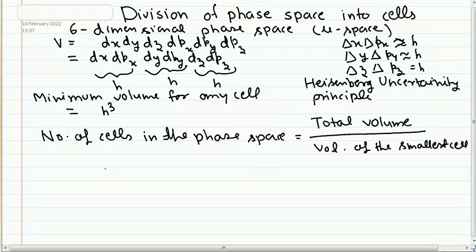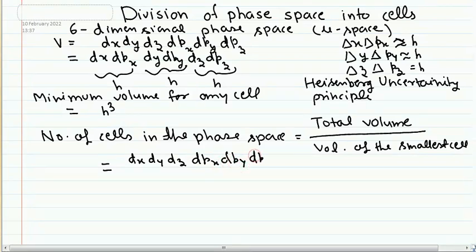Total volume is equal to dx, dy, dz, and then dpx, dpy, dpz, and this whole is divided by the volume of the smallest cell, which is h cube.